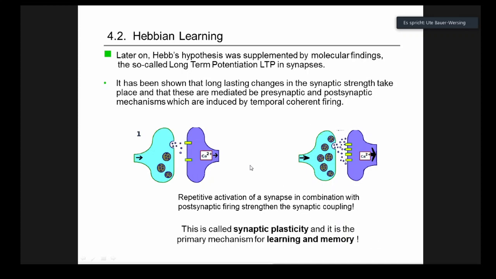So Hebb was right by observing patients, and later on his observation was complemented by this biological finding that you have increased receptor density in postsynaptic membranes when synaptic transmission, or transmitter release, and firing of the postsynaptic neuron occurs.